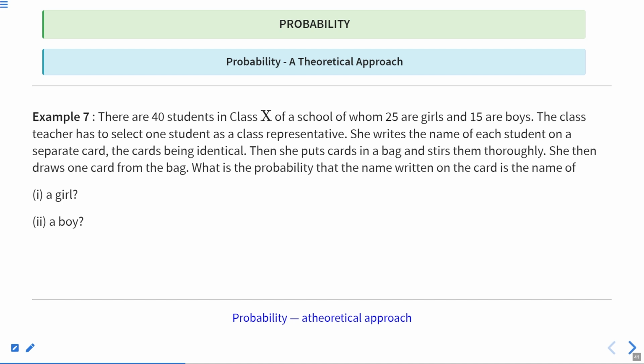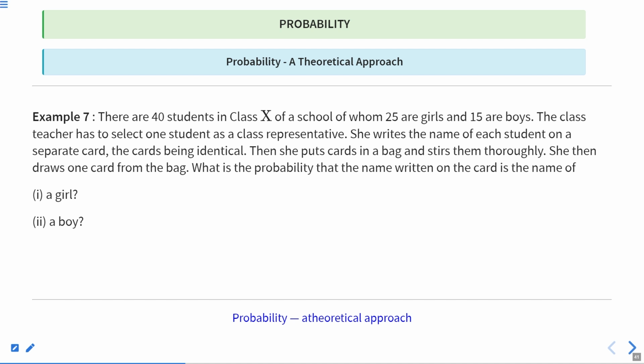Okay, so mainly in this example we have 40 students in class 10 of a school, of whom 25 are girls and 15 are boys. The teacher has to select one student as a class representative, and she writes the name of each student on a separate card, the cards being identical.